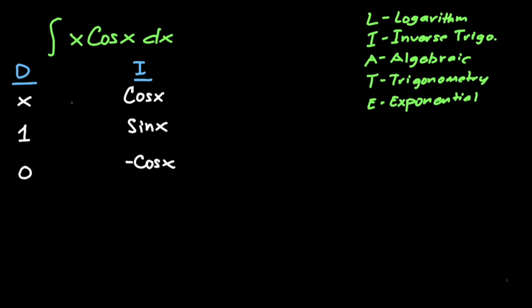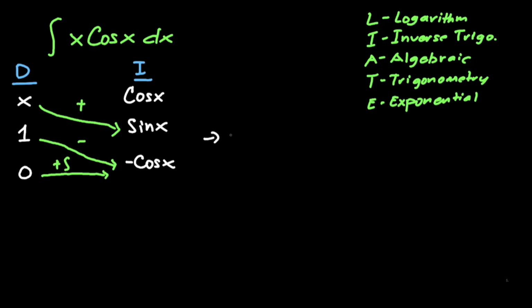So multiply x by sine of x, multiply 1 by negative cosine of x, but it will be negative, and multiply 0 by negative cosine of x, but it will be positive integral.